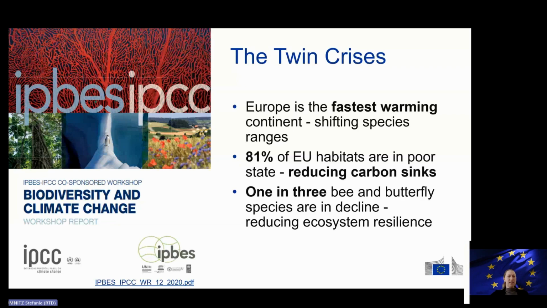We also know that these two crises, climate change and biodiversity loss, are reinforcing each other. Climate change shifts species ranges, alters ecosystem functioning, and intensifies disturbances.